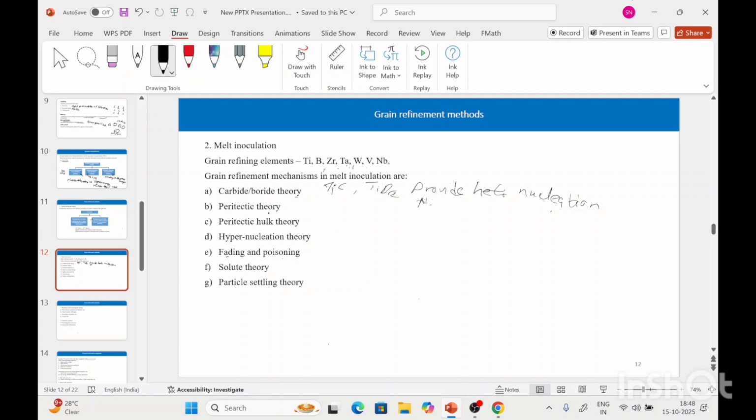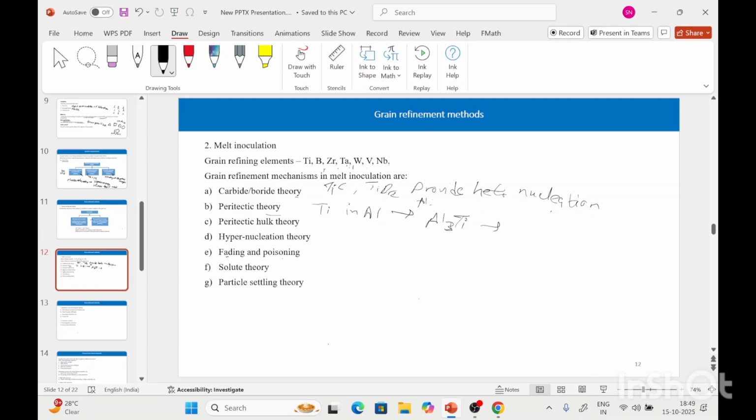Peritectic theory means if some titanium is present in aluminum, the Al3Ti particles are present in the liquid aluminum, and that will shift the solidus line to higher temperature.